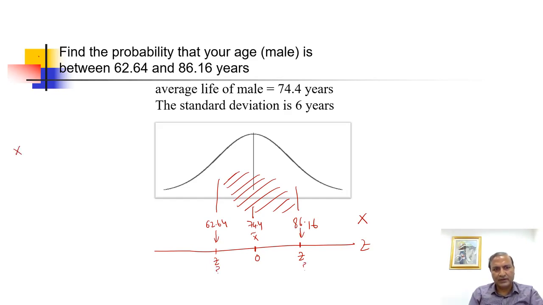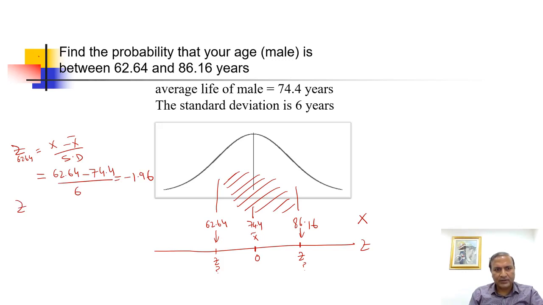We find z for 62.64. So let me write z: it's x minus x bar divided by standard deviation. So if we put the numbers, it's 62.64 minus 74.4 divided by 6. So the answer is minus 1.96.